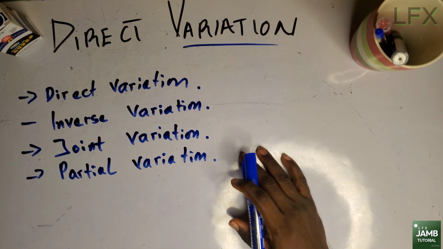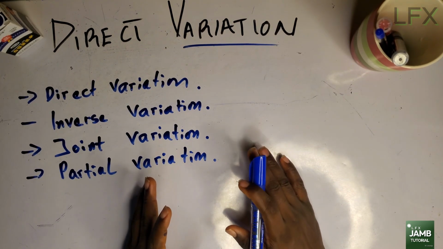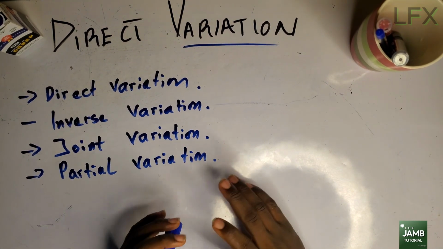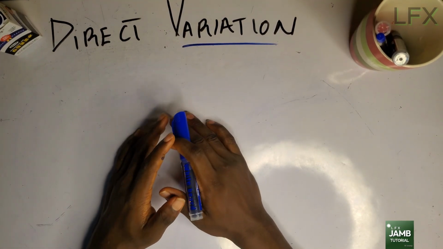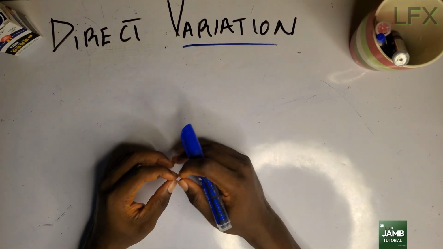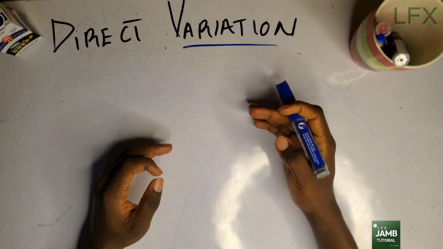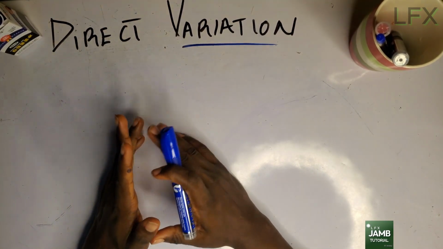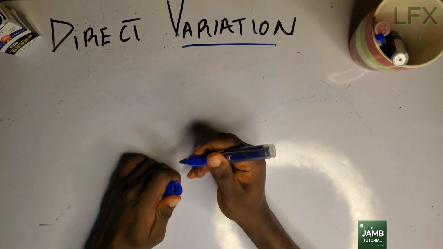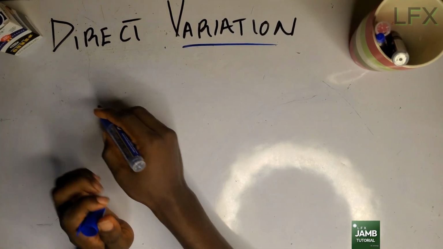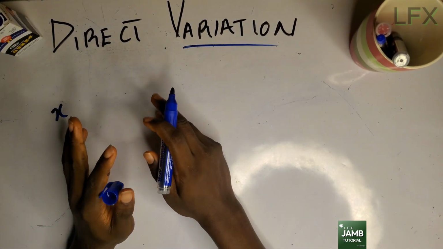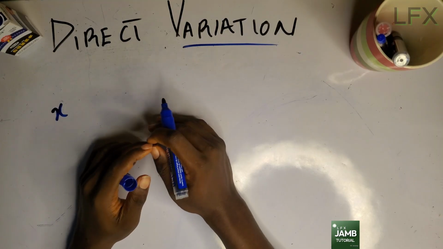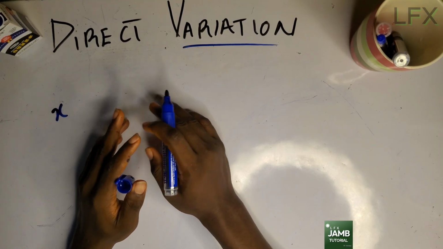Let's see how direct variation is solved in mathematics for JAMB students. Direct variation occurs when two quantities increase or decrease in the same ratio. So for instance, let's say we have x varies directly as y, or x is directly proportional to y.